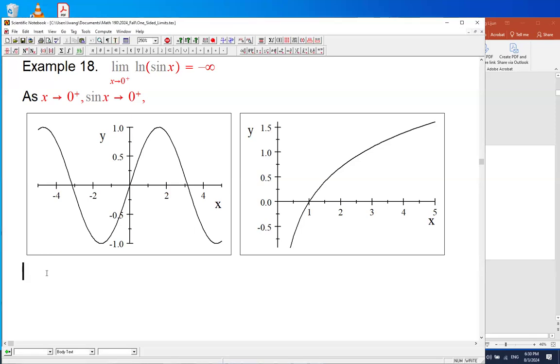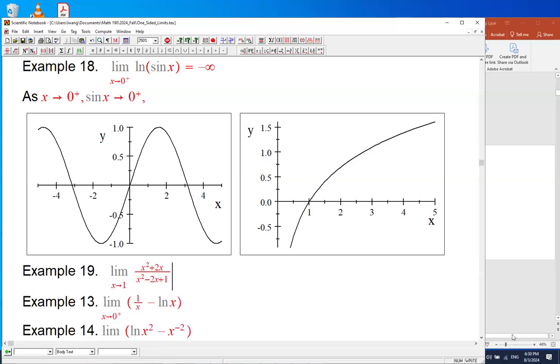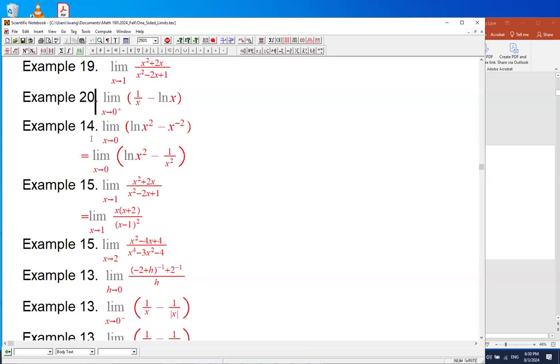Okay. Let's look at number 19 and 20. This is 20. Oh, did I prepare so many? All right, 21, 22.